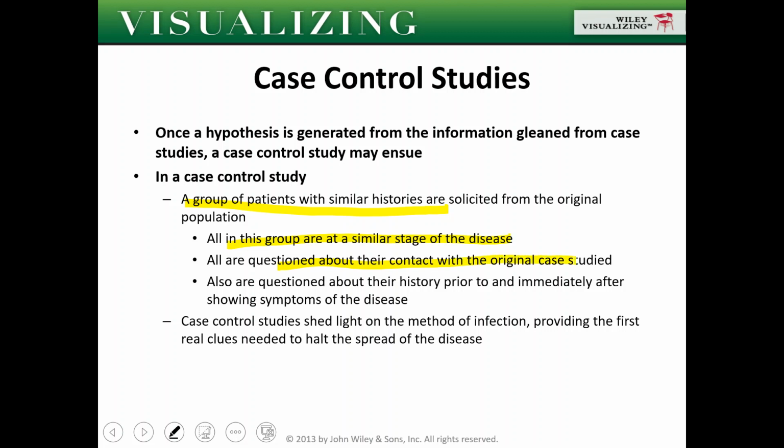The whole question is how they possibly contracted the disease. And it's important to make sure that the case control study is somehow linked with the original case study. The main outcome of a case control study is to understand the route of transmission or mode of infection.